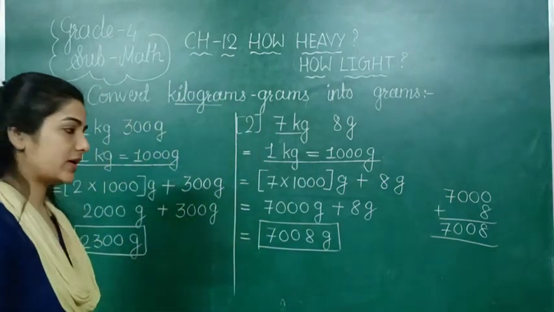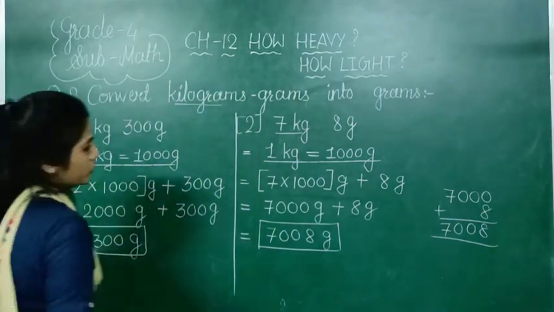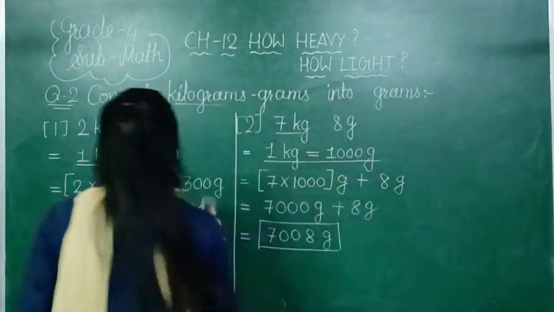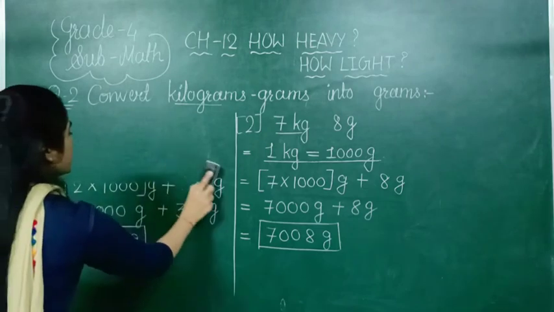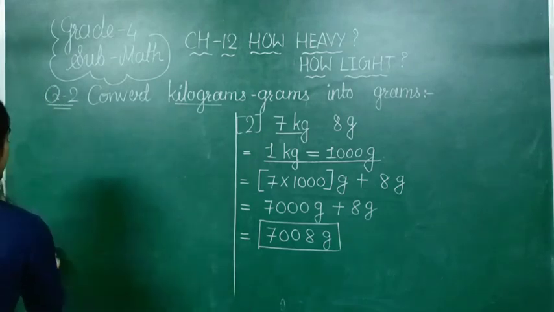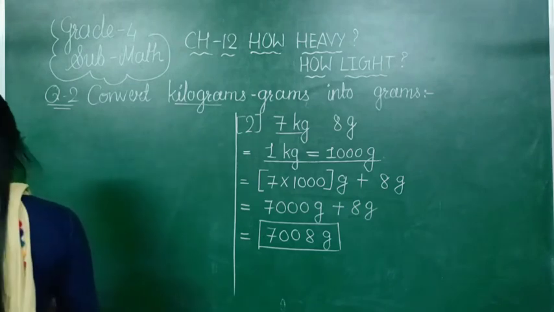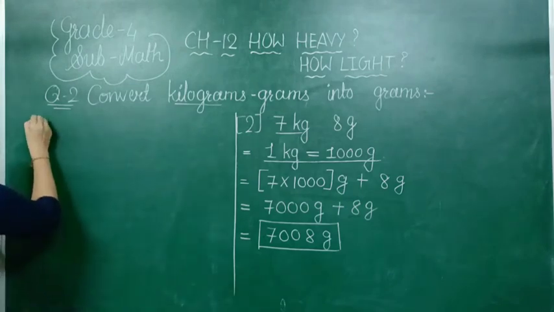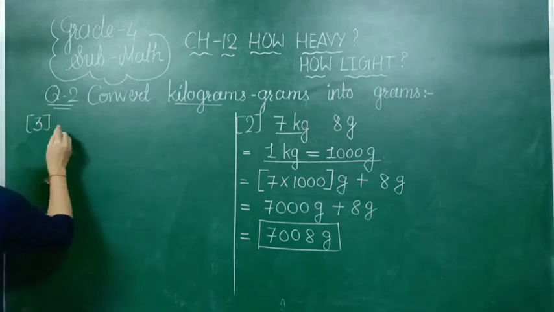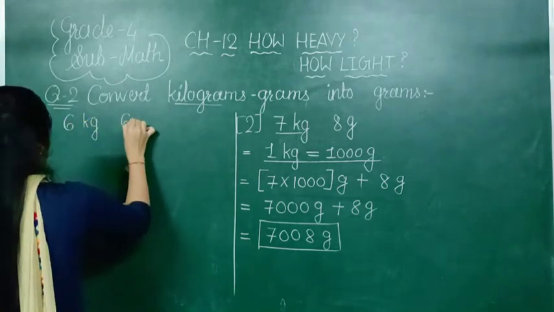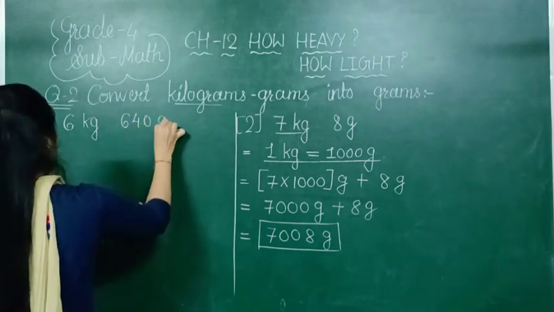Now last sum we are seeing of this question number 2. Third sum of your question number 2 is 6 kilogram and 640 gram.